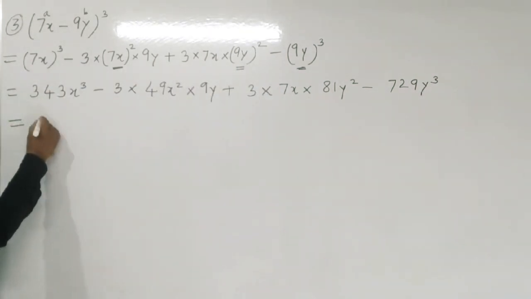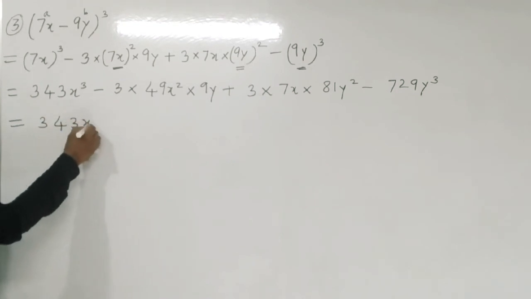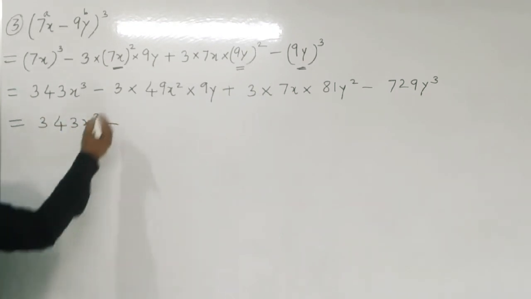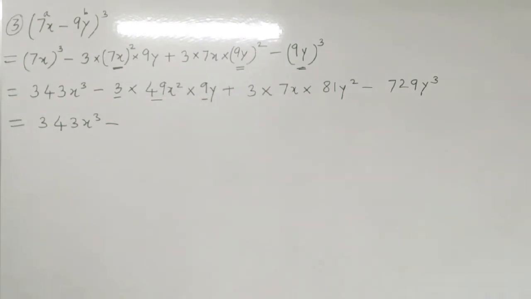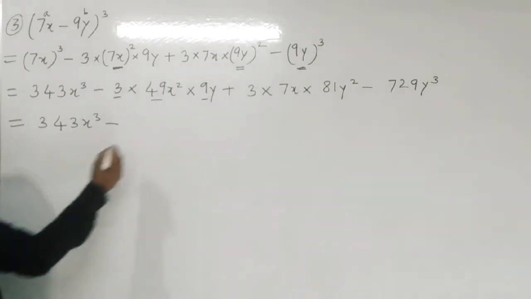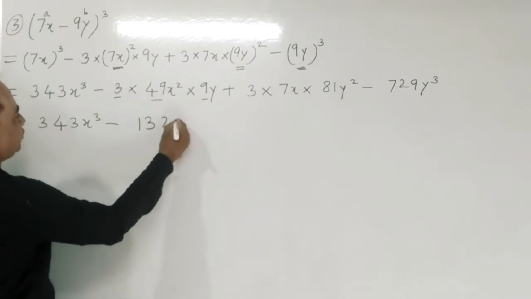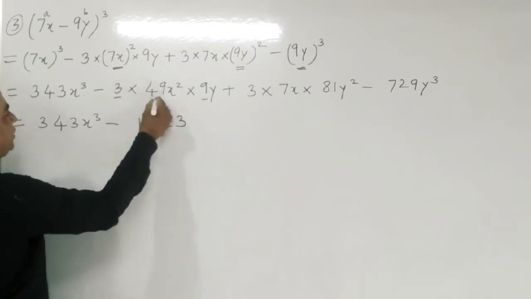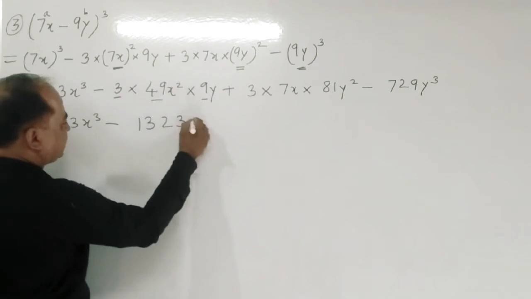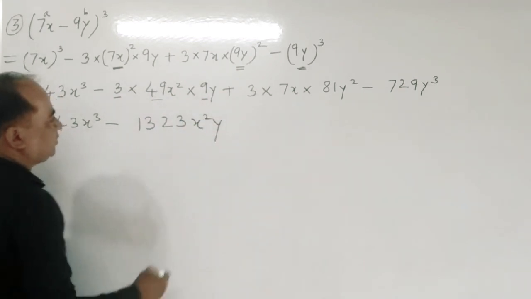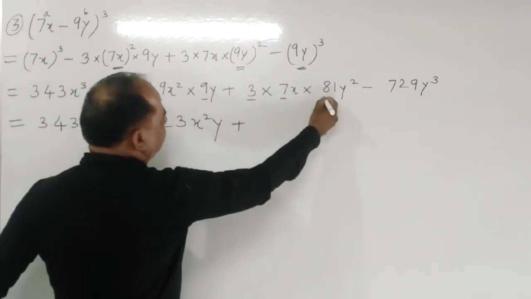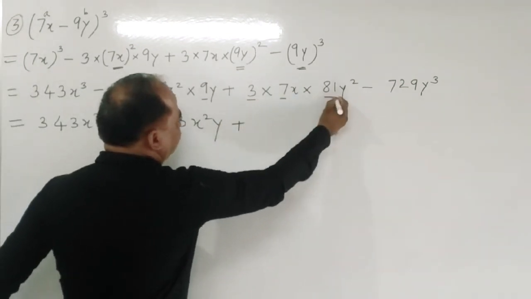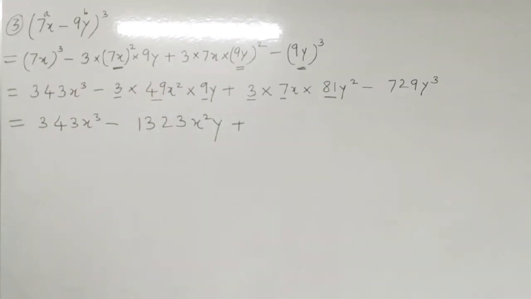Now first 343 x cube minus 3 into 49 into 9. Multiply all three. After multiplying you will get the answer 1323, after multiplying 3 into 49 into 9, x square y, plus 3 into 21, 3 into 7 is 21, 21 into 81.